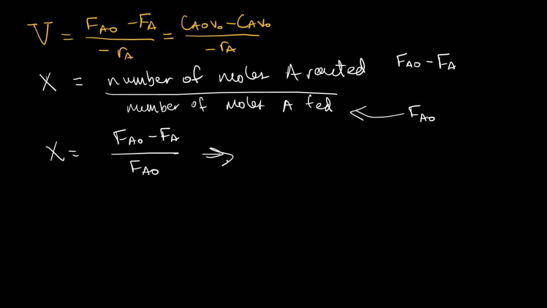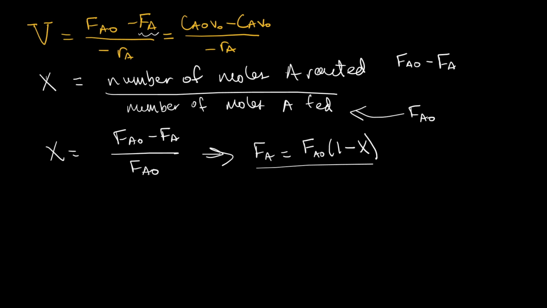And one way to write this, we want to solve for FA, so we can plug in right here to this equation. We can rewrite this as FA is equal to FA naught times 1 minus X. And in terms of concentrations, we can do a similar trick.